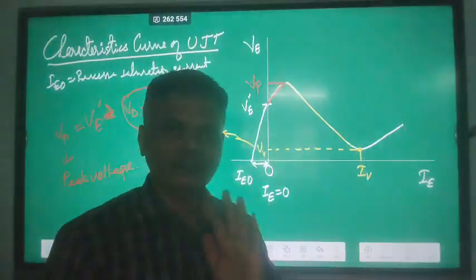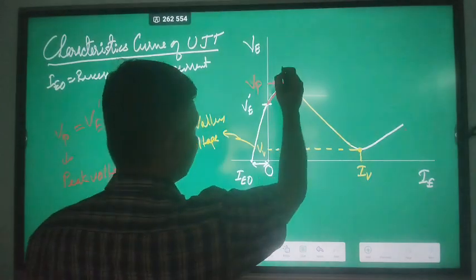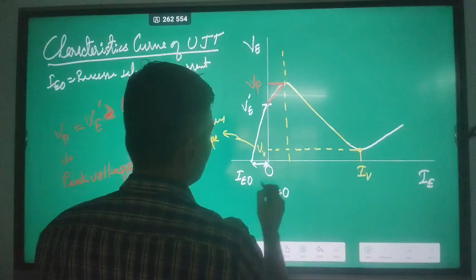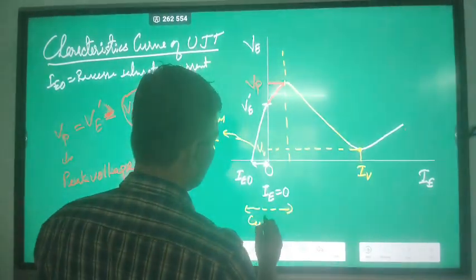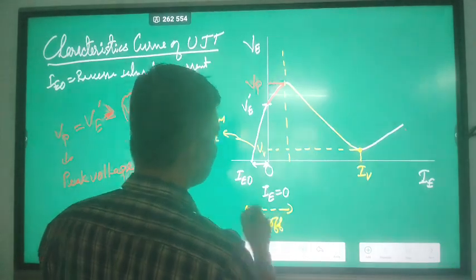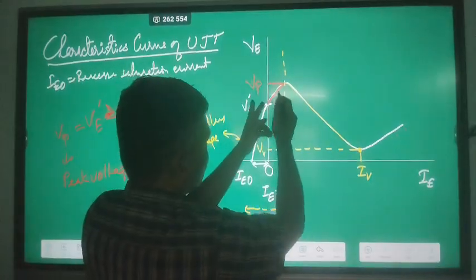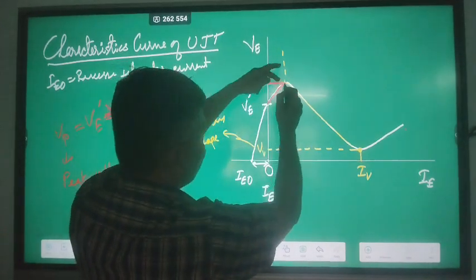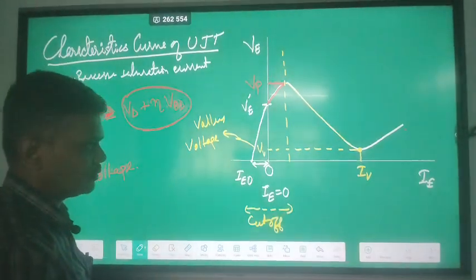So we are getting three parts here. This portion up to this, we call it cutoff. Actually, it is cutoff up to this, but we are considering the cutoff region up to this because after this the current starts rising very fast.